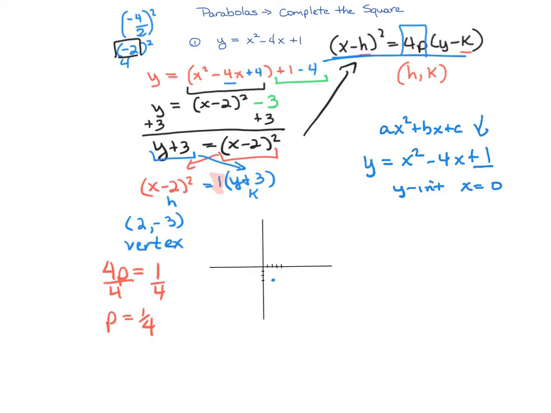So just to show you that it does give me the 1: y equals 0 squared minus 4 times 0 plus 1. 0 squared is 0. Negative 4 times 0 is 0. So y equals 1. So my additional point could be the y-intercept. So I'm going to go ahead and graph the y-intercept.